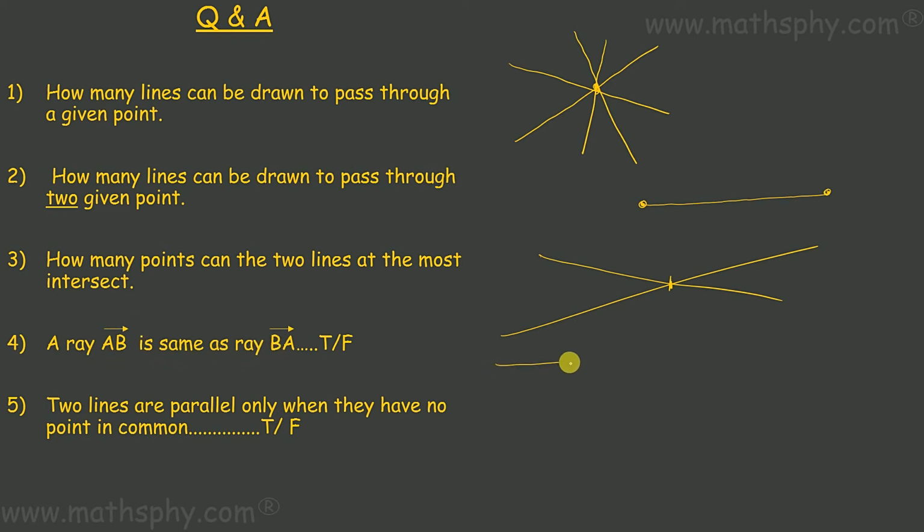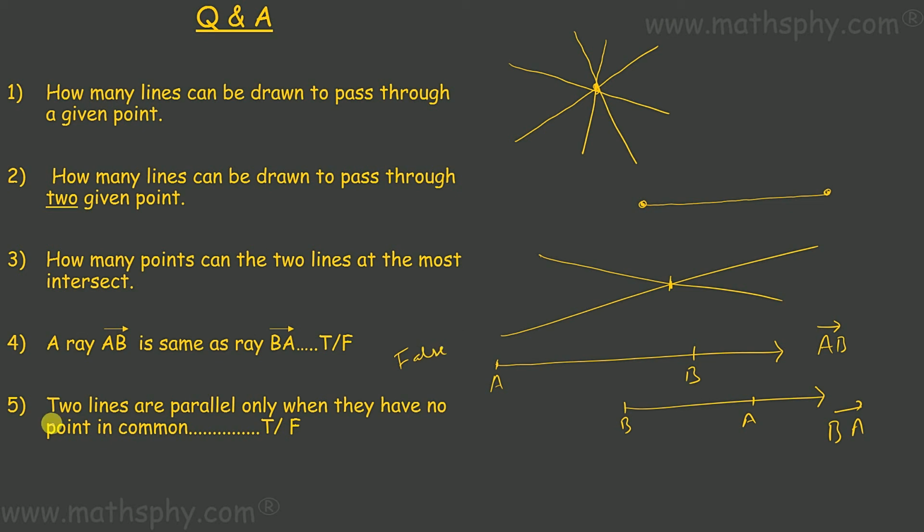This is my point A and this is point B. This is the ray extending in the direction of B. So we write it as A, B and then we put an arrow on top. But if it is BA, it means we have something like this, B, A and extending in this direction. So we write it as B, A. They are not same, it's false.